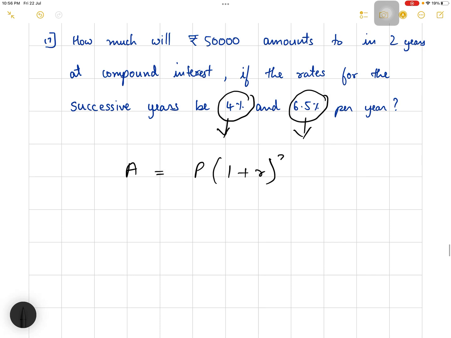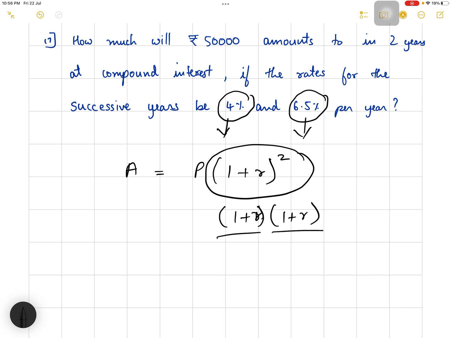So when I write T is equal to 2, that is 1 plus R raised to 2. That means it is actually 1 plus R into 1 plus R, which is 1 plus R square.